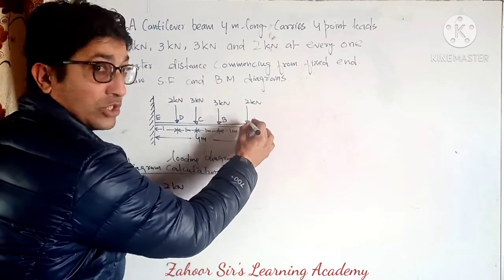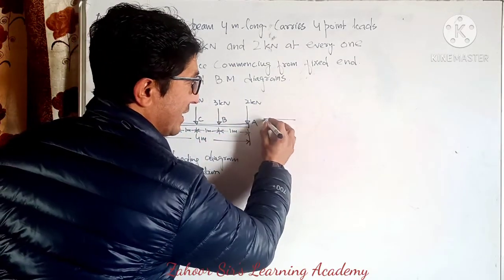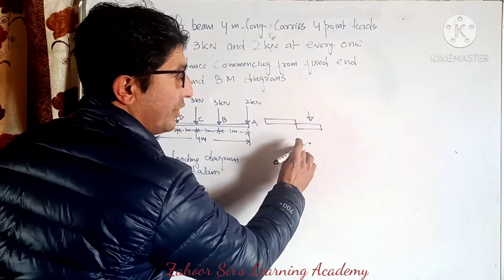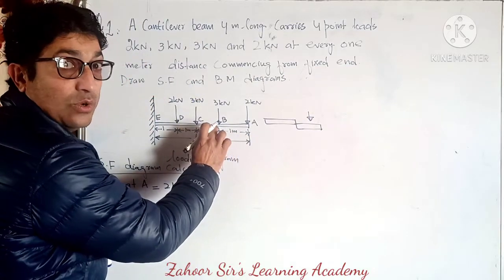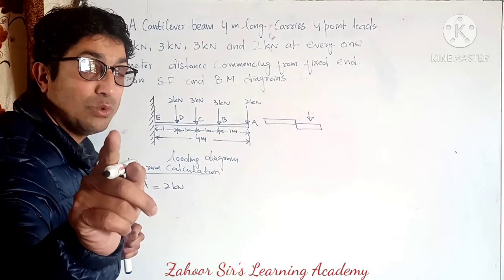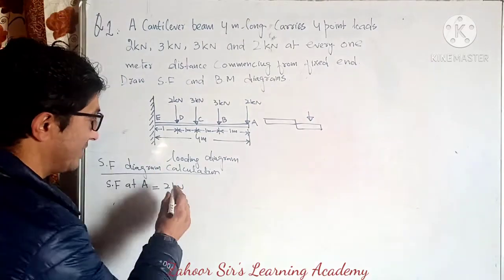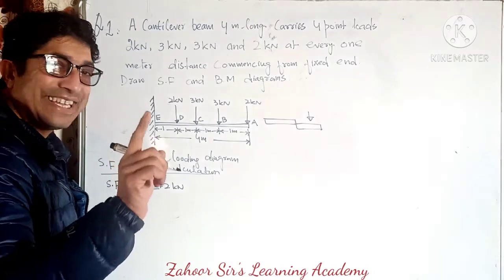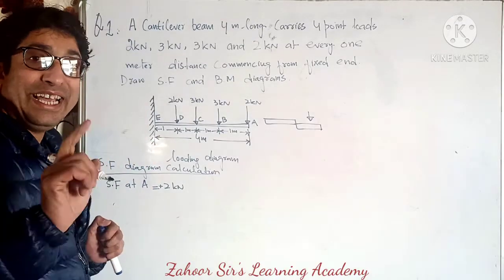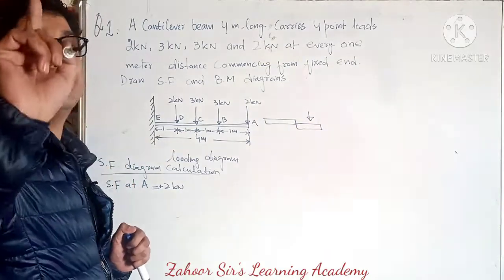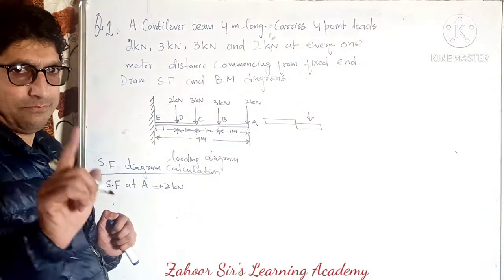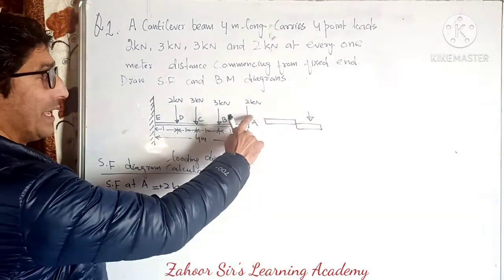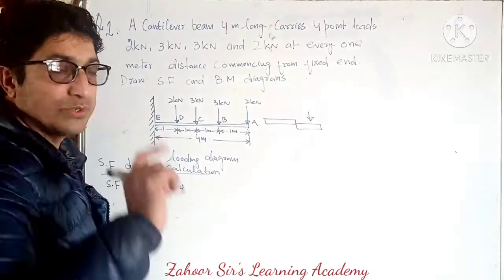This force will make the right side go down and the other side remain at its own place. So it is positive. Remember, in case of a cantilever beam, SF is always positive. So SF at point A is 2 kilonewton, positive.